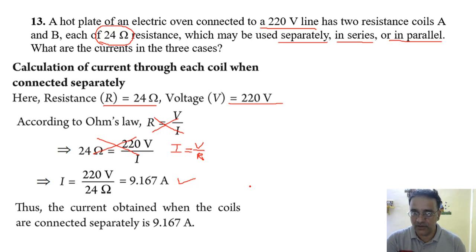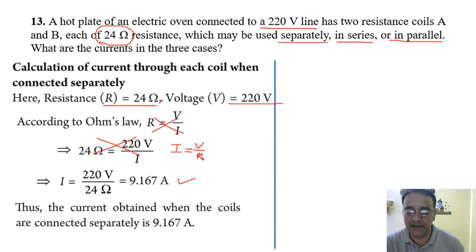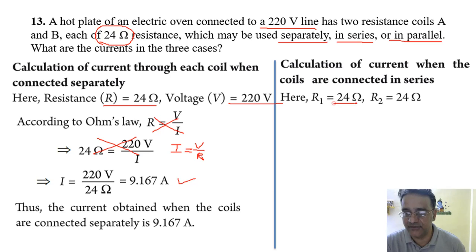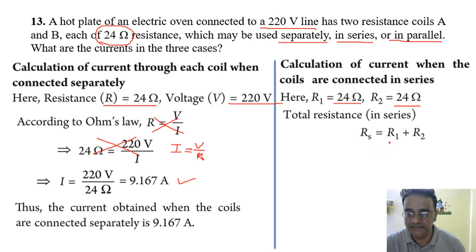Now we are going to connect both the resistances in series. Total resistance will be equal to R1 plus R2. Taking R1 as 24 and R2 as 24, the total resistance RS is equal to R1 plus R2, that is 24 plus 24, 48.